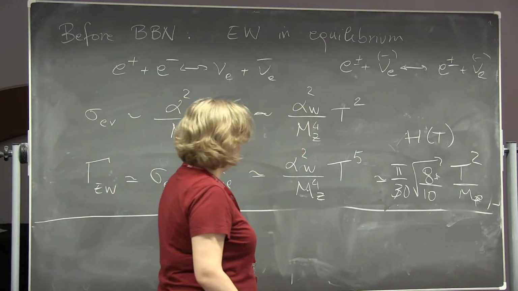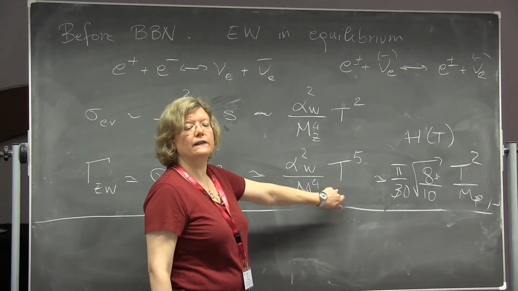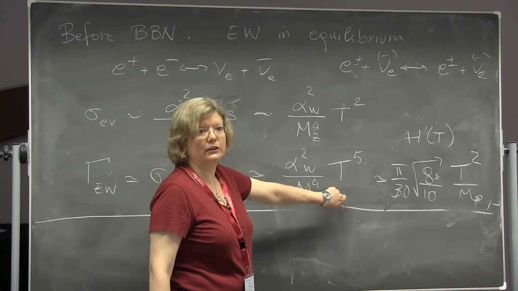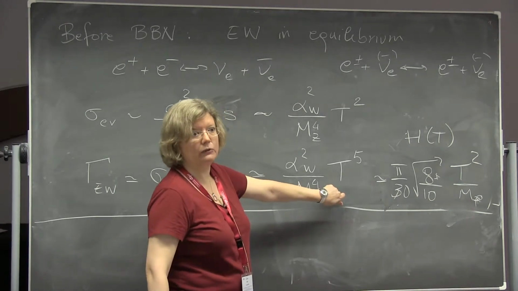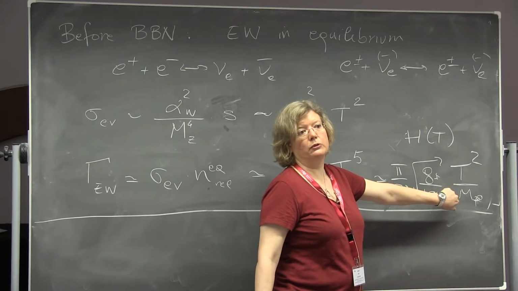And you see immediately here you have a dependence on the temperature, which is T to the fifth. That means, due to the fact that it's a non-renormalizable interaction, the rate is going down very quickly with the temperature. Instead, the Hubble parameter is going down much, much more slowly.